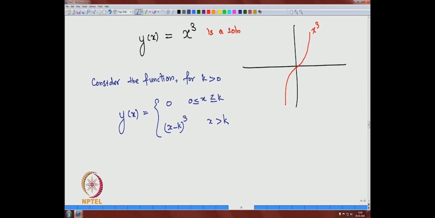So if you consider these functions for every positive value of k, this gives a family of functions y_k.